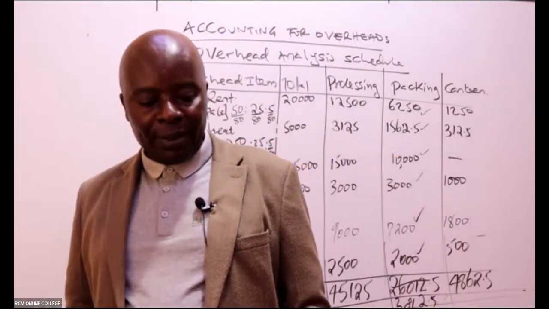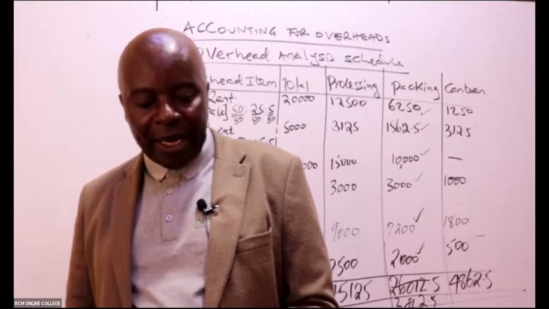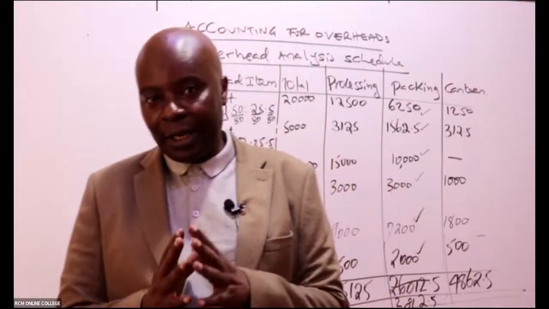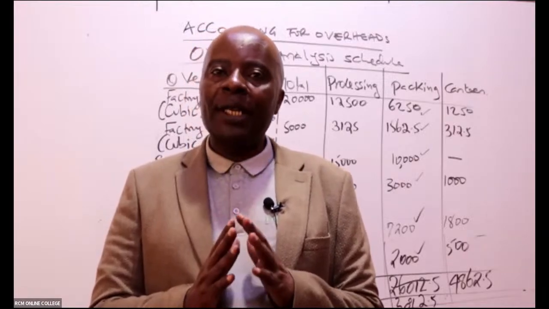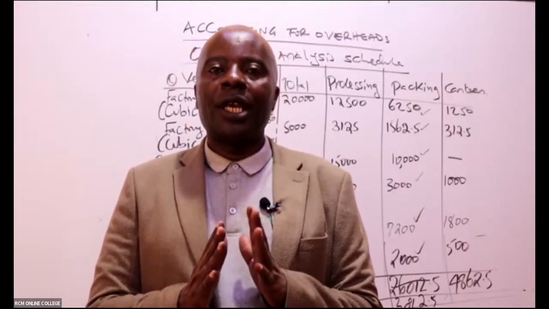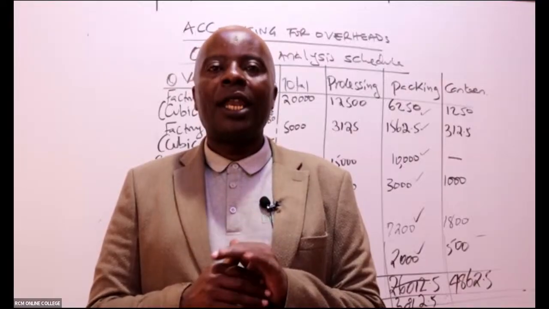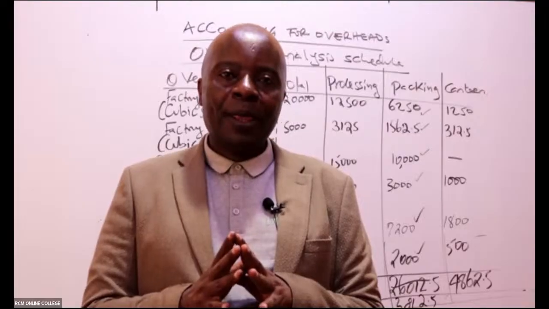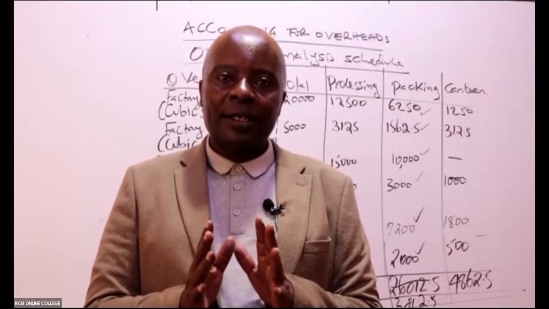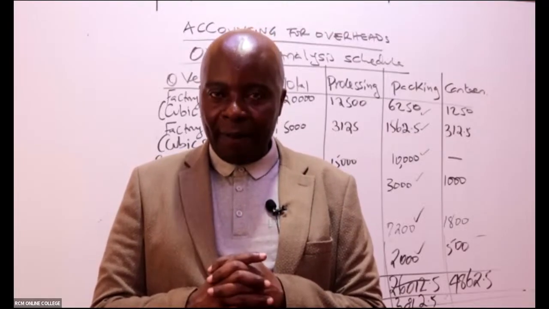Ladies and gentlemen, please remember, what you have done is the primary distribution. After we finish the primary allocations and apportionments, we need, as management accountants, to get into another sphere of problem solving.